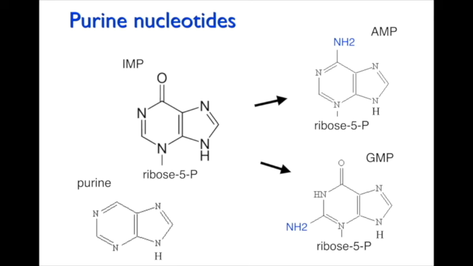For the synthesis of the purine nucleotides, first of all, IMP is synthesized, and the structure of IMP is based on purine, and IMP is converted to AMP by the replacement of this double bond O here with NH2, and GMP is formed from IMP by the addition of this NH2 group right here.